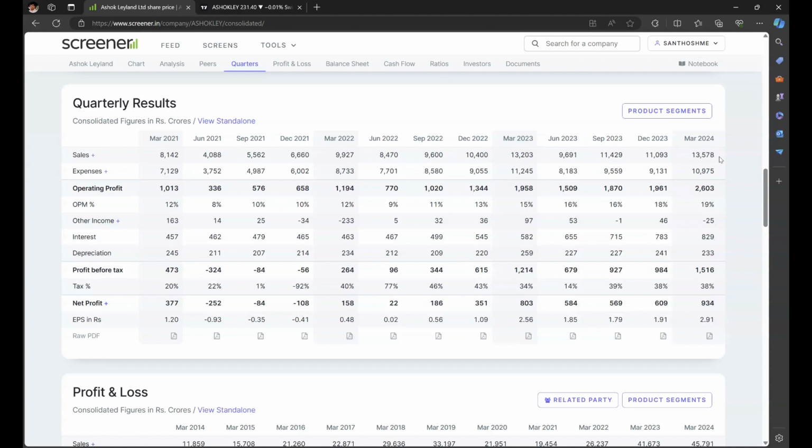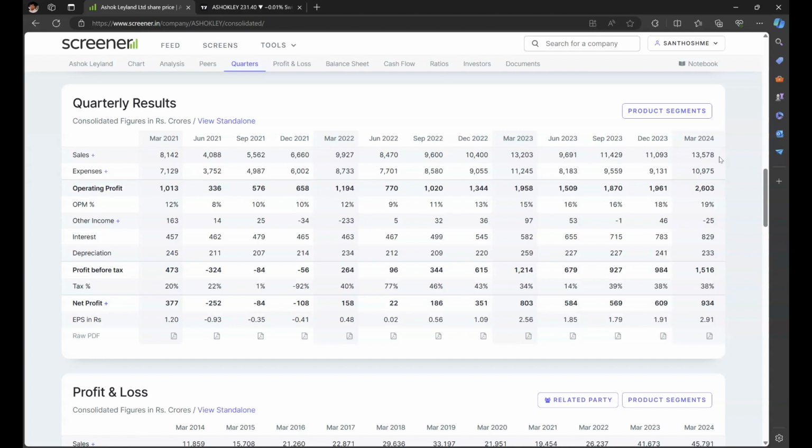For any company, you mainly want to see whether the sales are consistent or in an improving or increasing trend. That's how you should look. Why consistent? There will be a few companies where quarterly sales have lots of ups and downs. What does it say? That company belongs to a cyclical business.